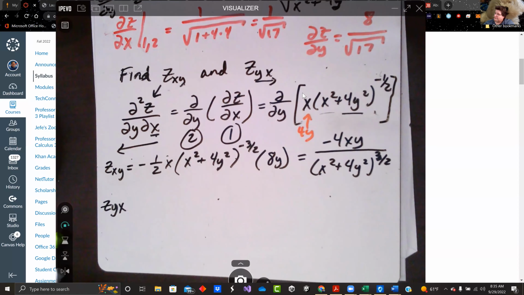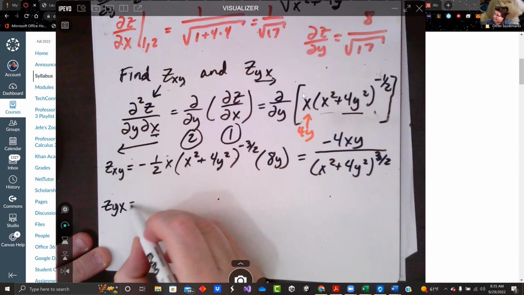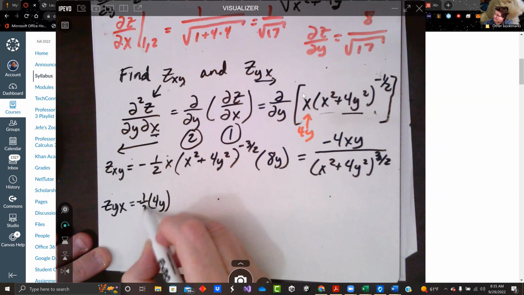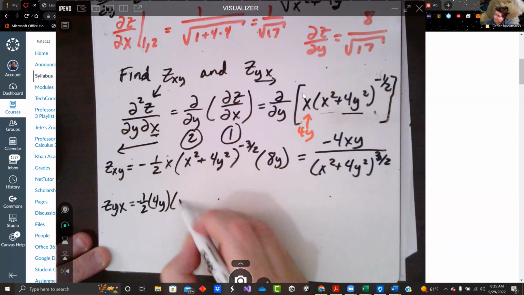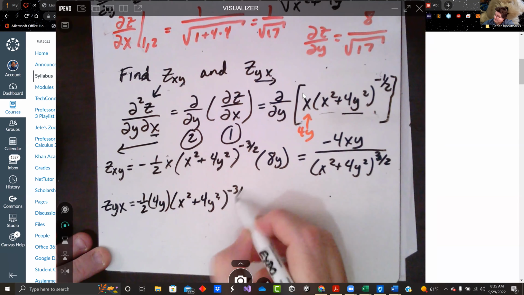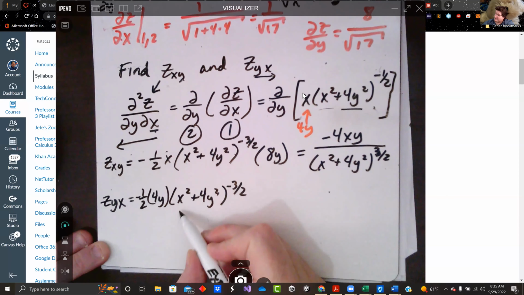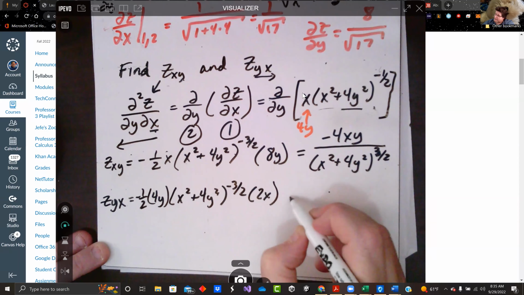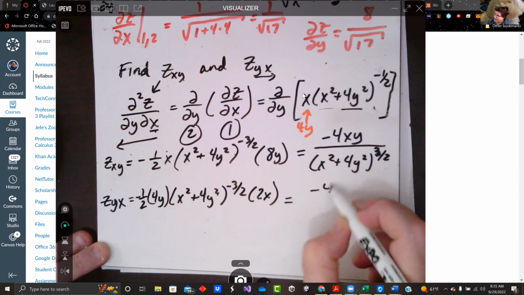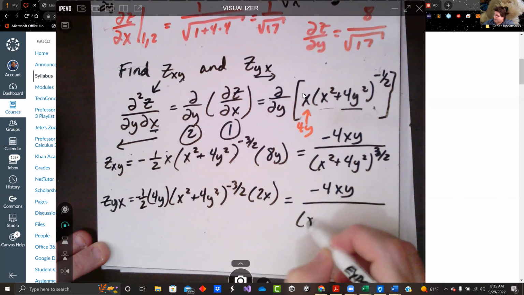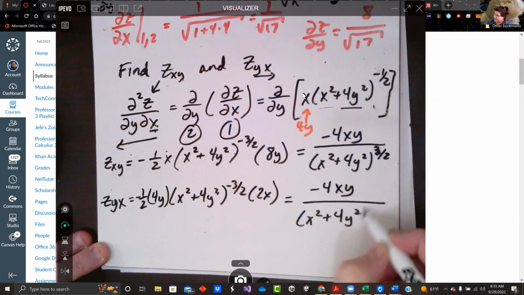And now we're taking the derivative with respect to X. So the 4Y stays out there. The -1/2 comes down. I still lower that by a power. And now I take the derivative with respect to X, which is 2X. And you will see that we get -4xy over x squared plus 4y squared to the 3/2.